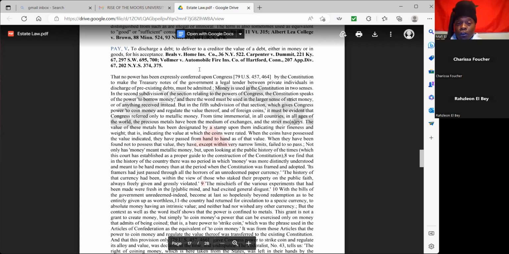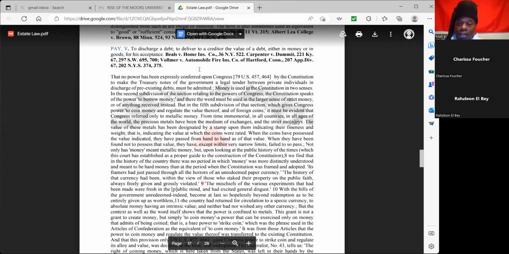Gold, silver. From time immemorial, in all countries, in all ages of the world, the precious metals have been the medium of exchange, and the strict monies. The value of these metals has been designated by a stamp upon them indicating their fineness and weight. That is, indicating the value at which the coins were rated.